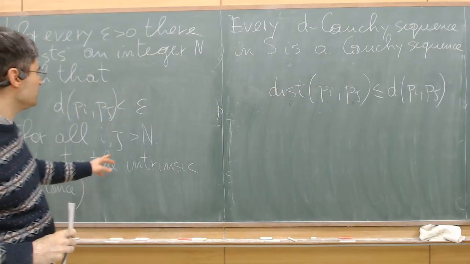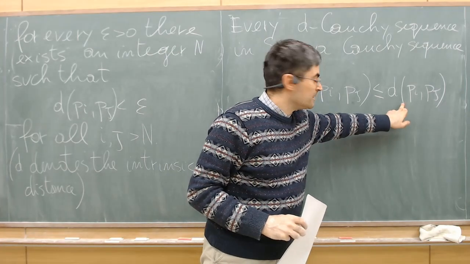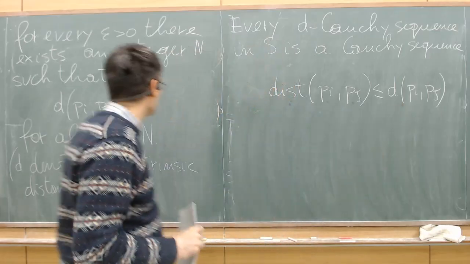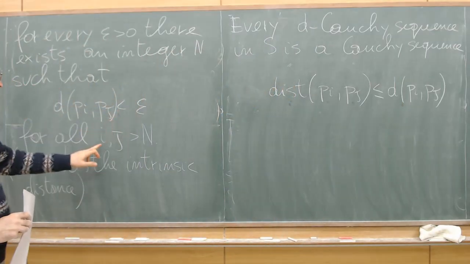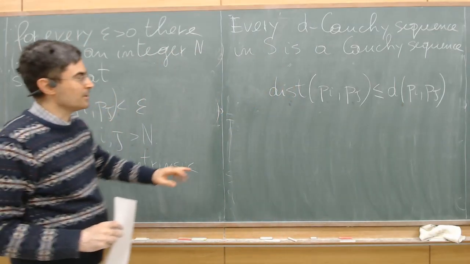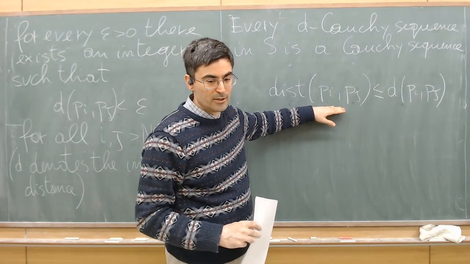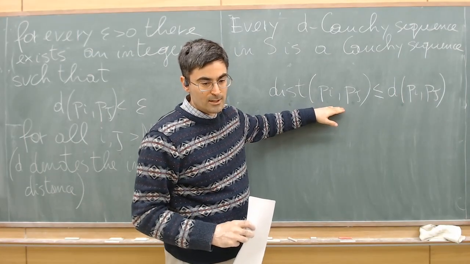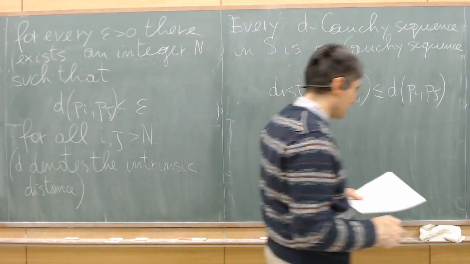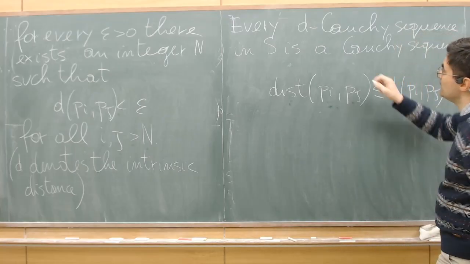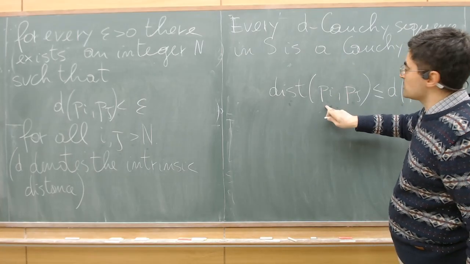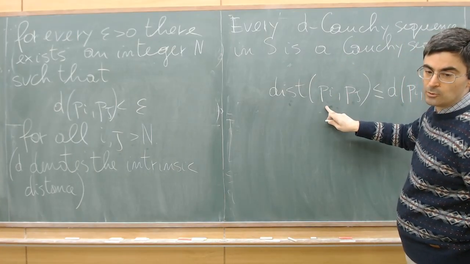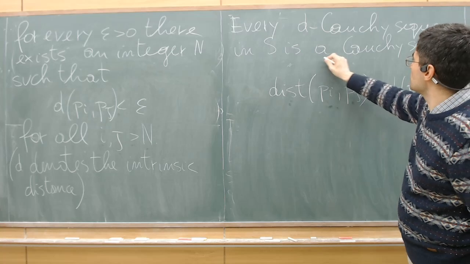So if you know that the intrinsic distance is less than epsilon for i and j larger than N, then also this one will be smaller than epsilon for i and j larger than N. And this says that the sequence of points P1, P2, P3, etc. is a Cauchy sequence.